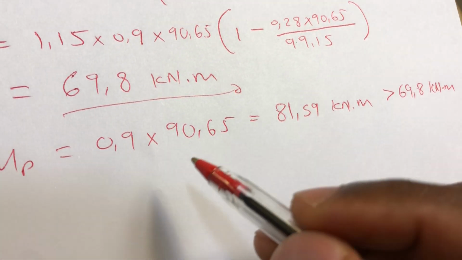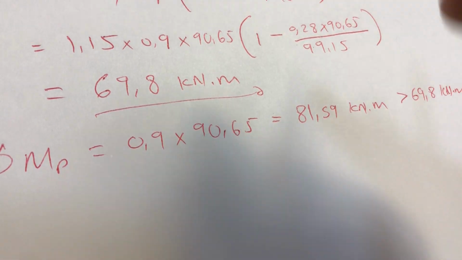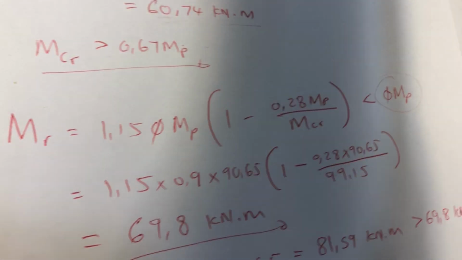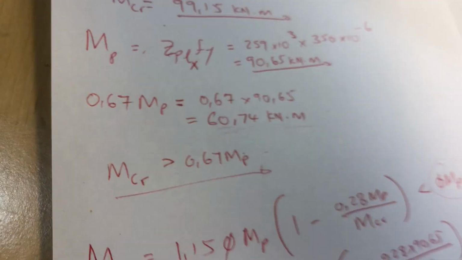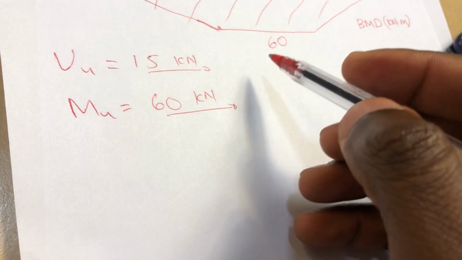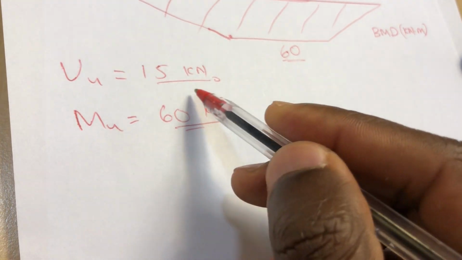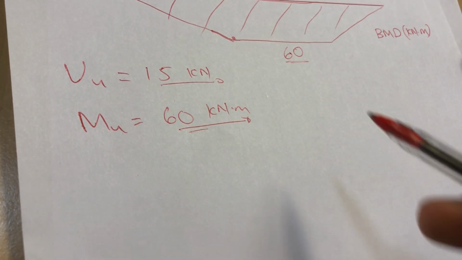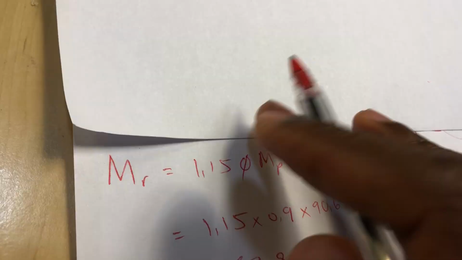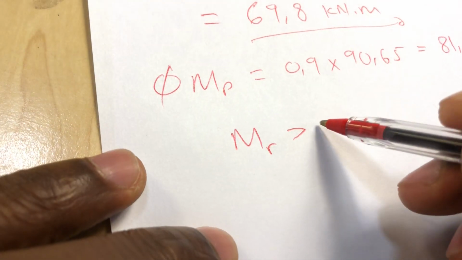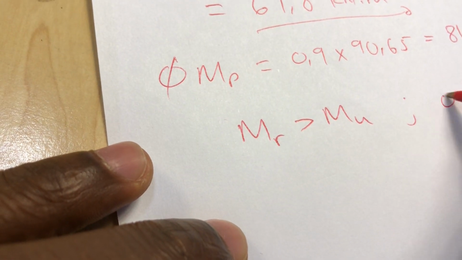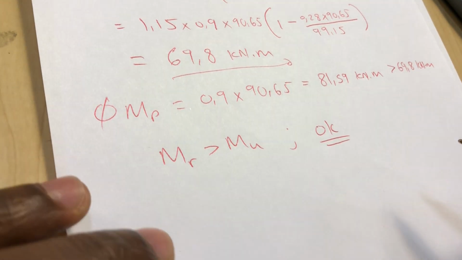And now to check, remember our design moment is 60. We are designing for 60 kilonewton per meter. So our MR is greater than our MU. So this section is okay, or it's adequate.